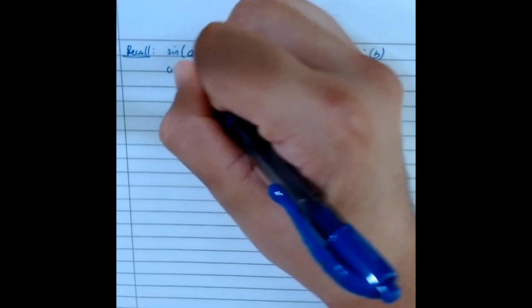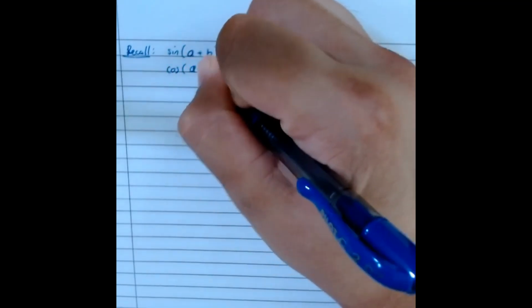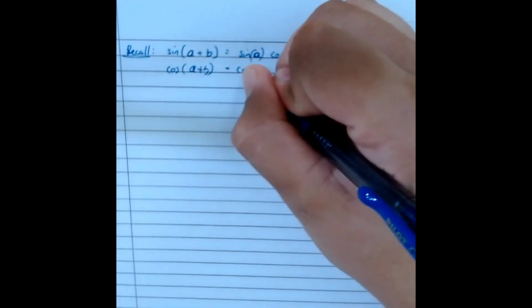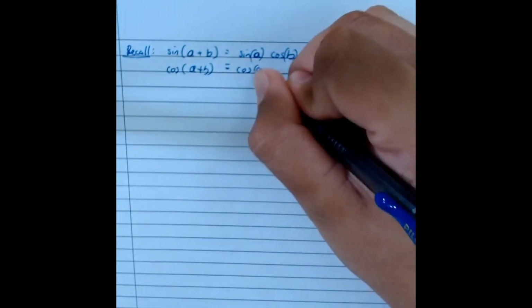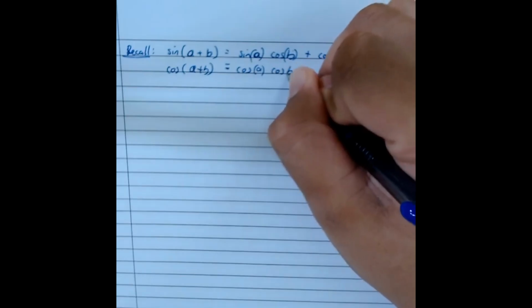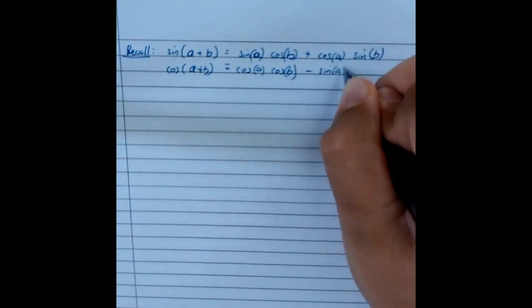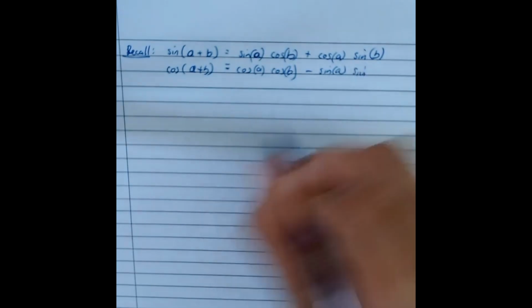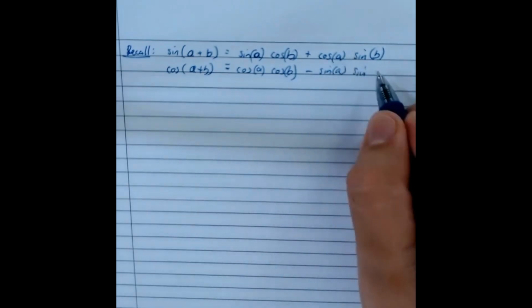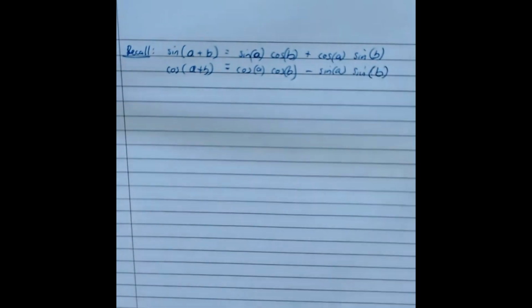Also, the cosine of a plus b is equal to the cosine of a times the cosine of b minus the sine of a times the sine of b. Or whatever else you want to call your angles, alpha, beta, theta 1, theta 2, or any other designation you care to use, x and y for that matter.